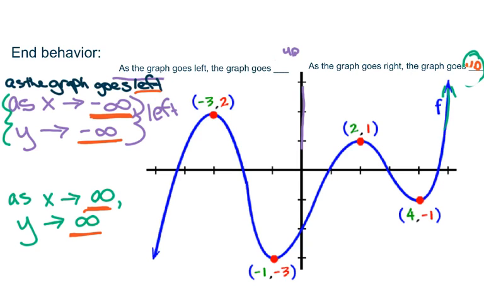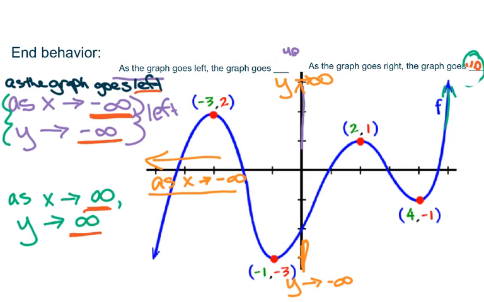I'm going to give you these symbols as x approaches negative infinity. So for this side, this is the notation you use. And up here is y approaches positive infinity. Down here is y approaches negative infinity.